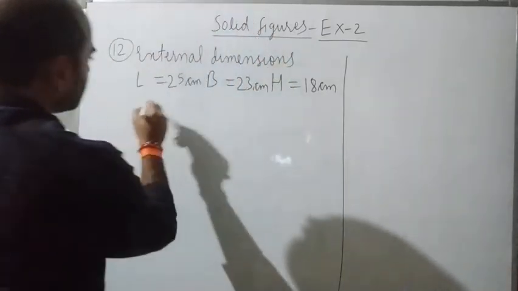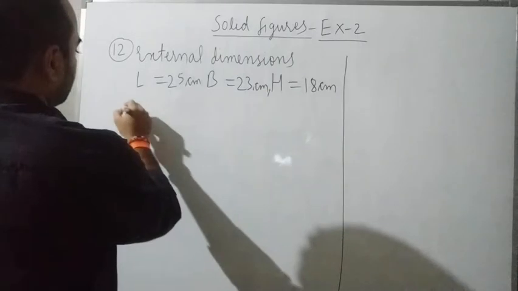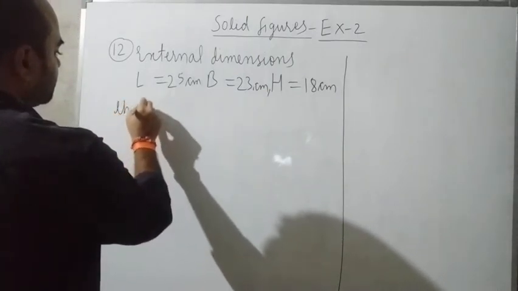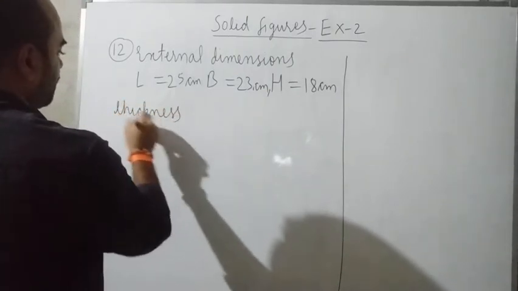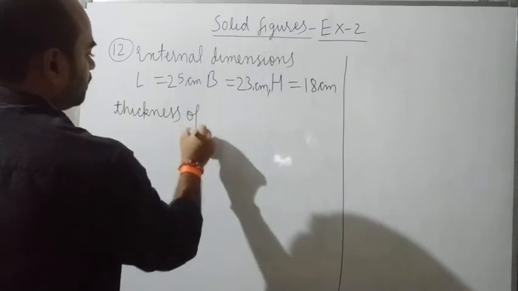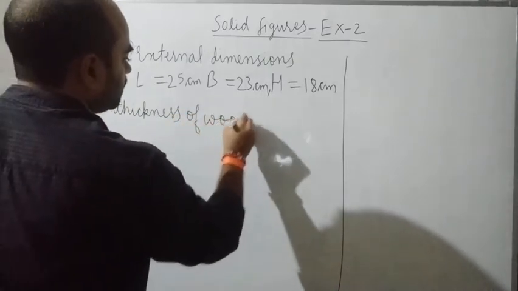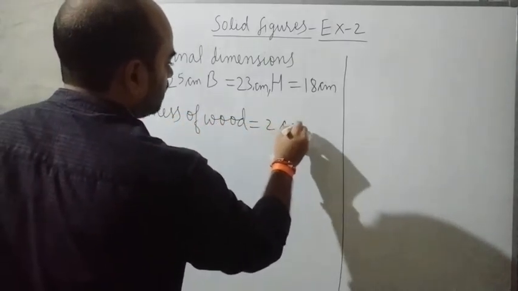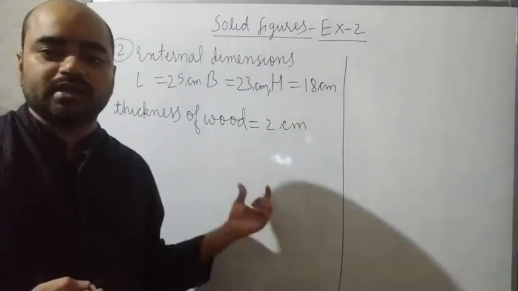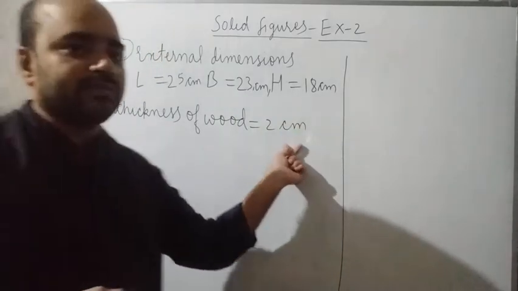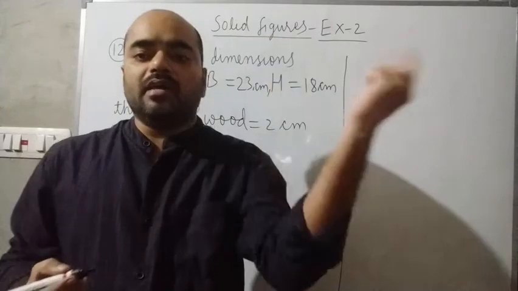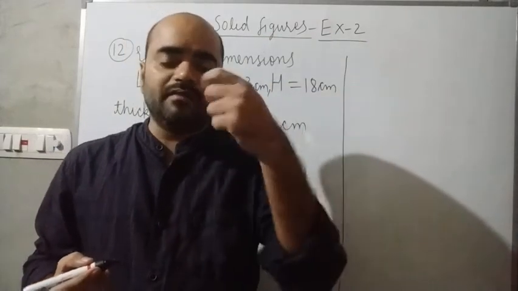Thickness of the wood is given 2 centimeter. Clear? It means this 2 centimeter is present in every one of the faces, in every one of the walls.